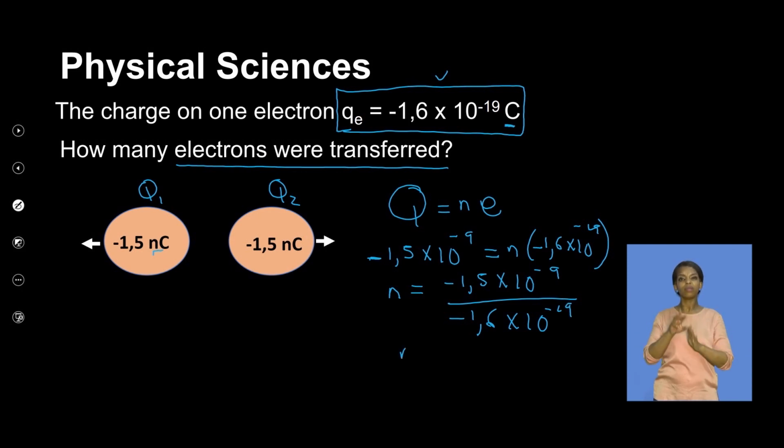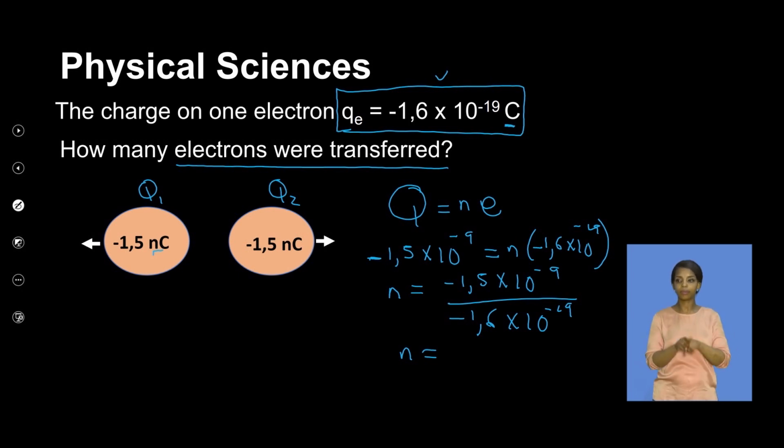So we can then go to our calculator. What is also important is that the number of electrons transferred cannot be negative. So it's a positive integer number of electrons. We can have 10 electrons for argument's sake, but we cannot have minus 10. So when I do that division, the signs must be the same.